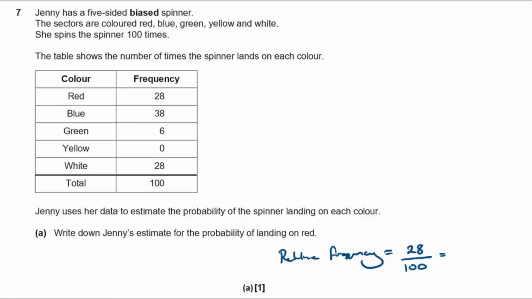So 28 divided by 100, that is 0.28, isn't it? And so that is a rough and ready approximation of the probability of landing on red. Now obviously with 100 trials, the actual true value might be slightly more or slightly less than that, but it's going to be close to it.